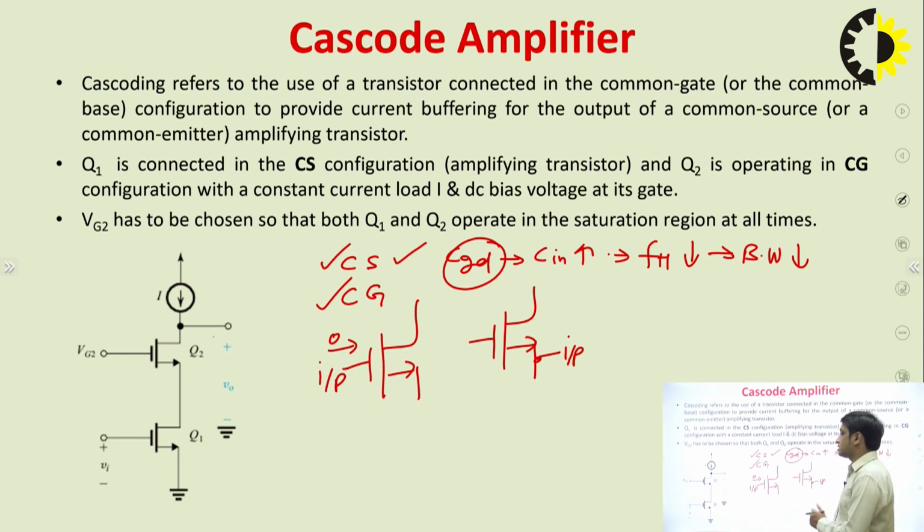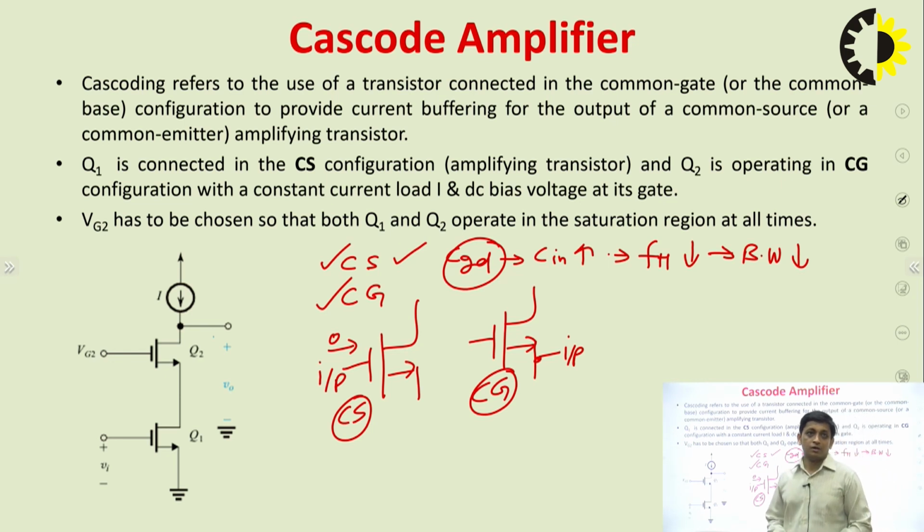So the input resistance of common gate is low in comparison with common source amplifier, because you can see that in common source amplifier we are applying the input signal at the gate terminal. In common gate amplifier we are applying the input signal at the source terminal. So the input resistance of common source is much higher than the input resistance of common gate configuration.